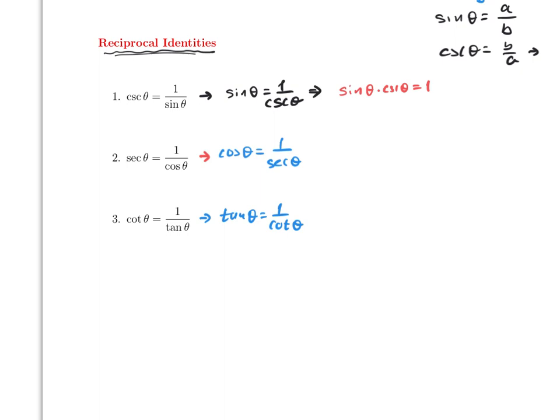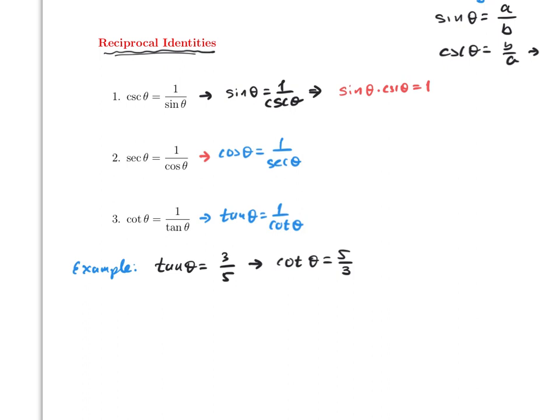So therefore, the main purpose of these reciprocal identities is the following. For example, let's say that I tell you the tangent of theta is equal to 3/5. So therefore, that implies automatically that cotangent theta is 5 over 3.